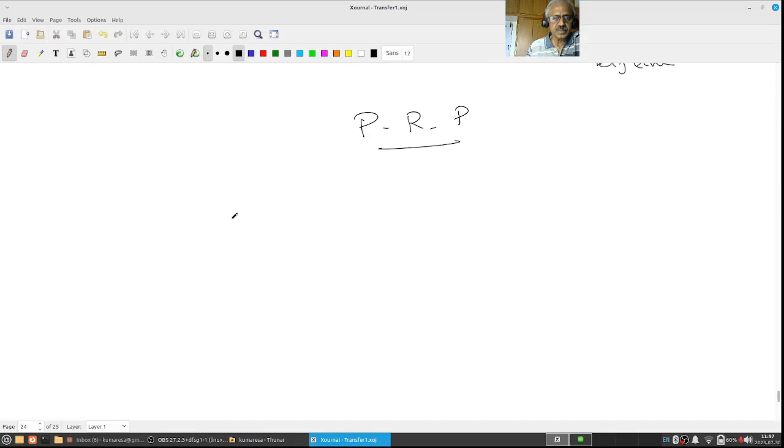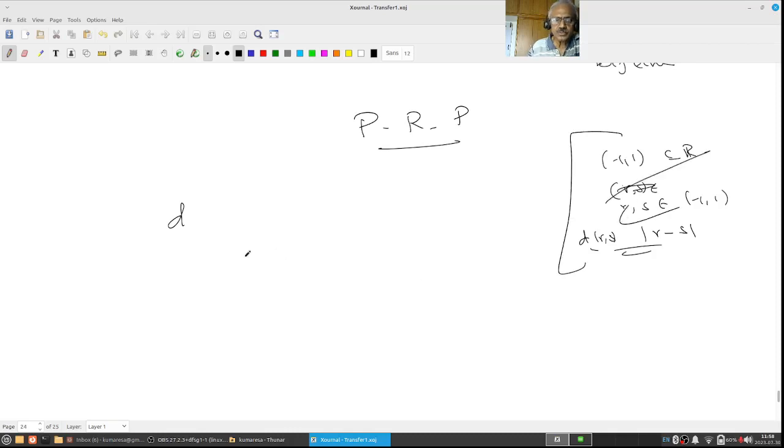Now I define a metric d on minus 1 to plus 1. Remember, minus 1 to 1 is already a subset of R, therefore given any r and s in the interval minus 1 to plus 1, I can define the distance to be the absolute value of r minus s. This is the standard induced definition. But I want to induce a new definition.